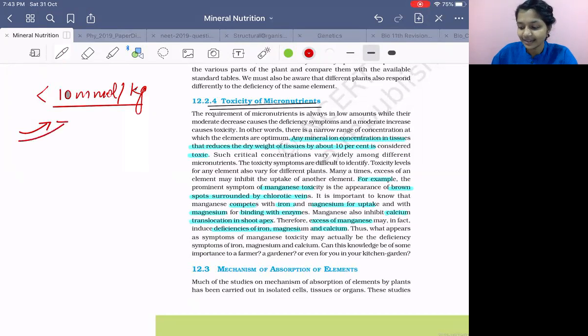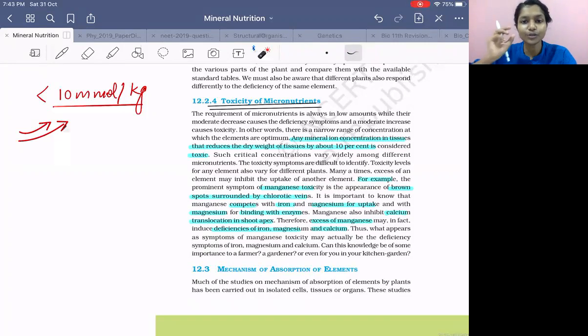That is one criterion. But for sure, when are you going to say the element has become toxic? When the element is reducing the dry weight of the tissue by 10%. For example, it was 100 kg. The micro element started to increase, and when it started to increase, the weight of the plant decreased to 90 kg. Before it was 100 kg, now it has become 90 kg, so the weight got reduced by 10%.